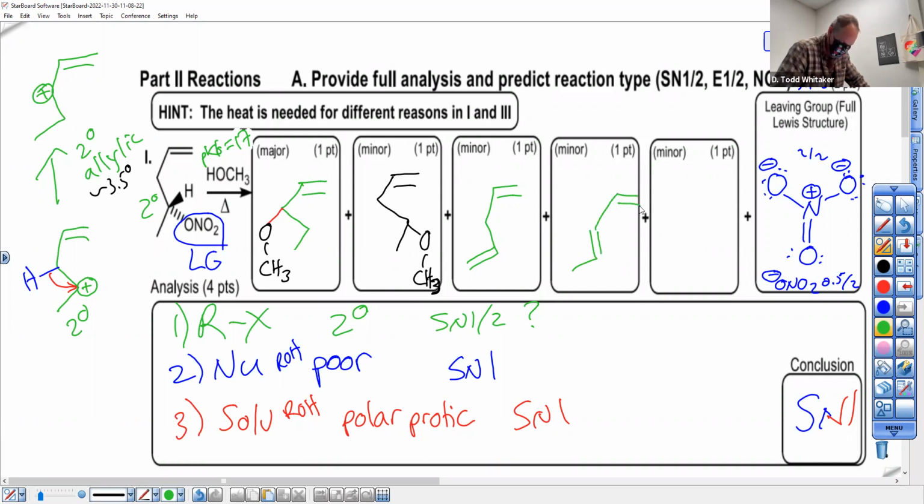That's not E versus Z. How about E versus Z here? There you go. No, this one is E, and this one is Z. So those are different geometry. And the terminal doesn't have geometry.